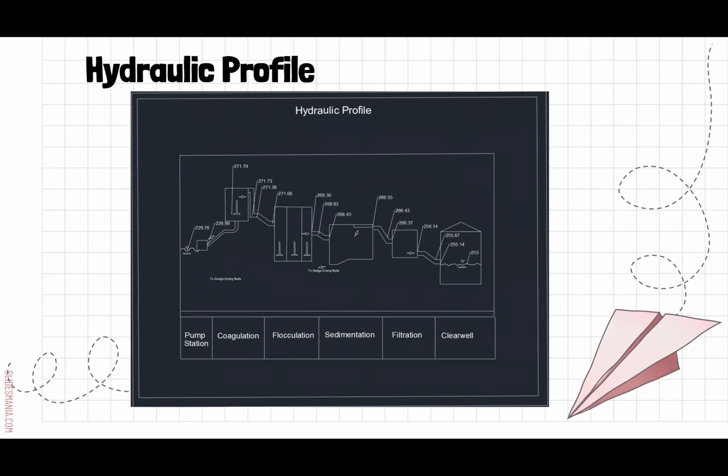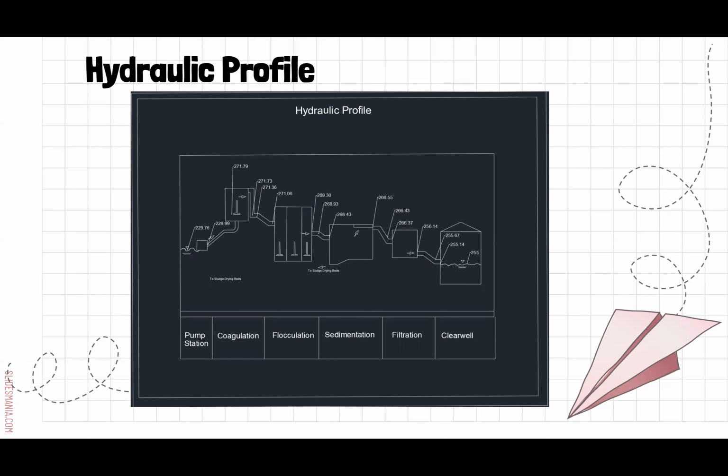Thank you, Tiffany. Below is the hydraulic profile of our proposed water treatment plant. It begins at our pump at 229.76 feet. It continues to the coagulation process at the elevation of 271.73 feet.